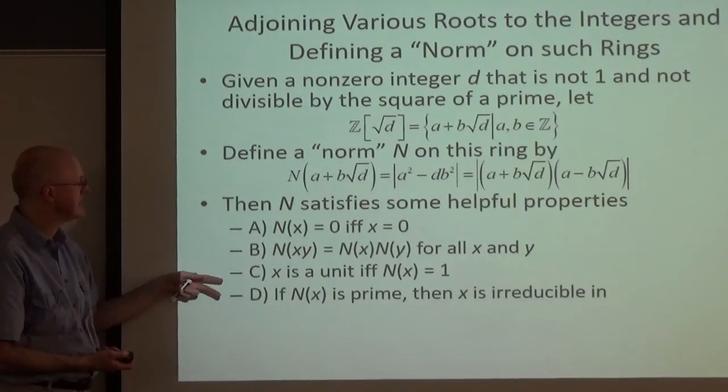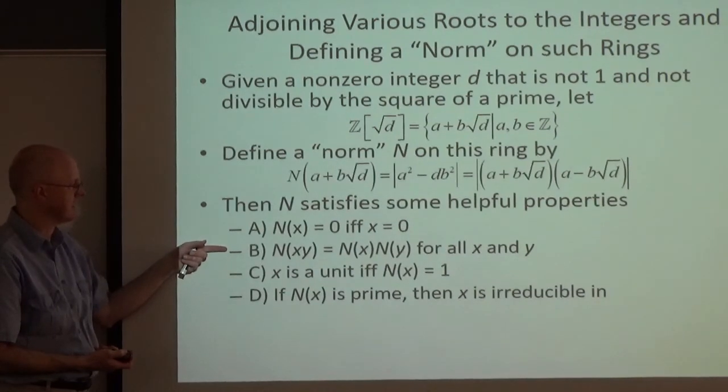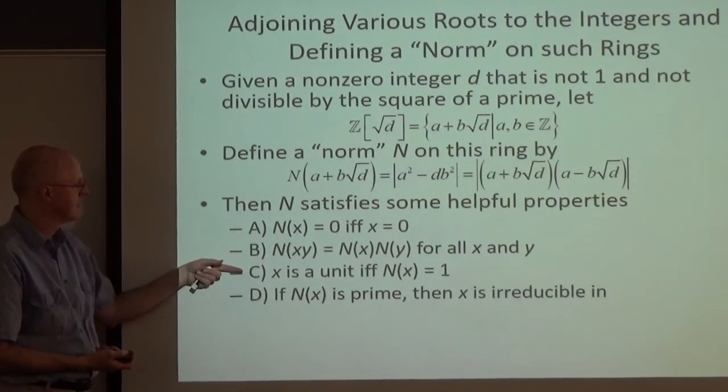Two more properties, C and D, and you can use property B for these. x is a unit if and only if N of x is 1.